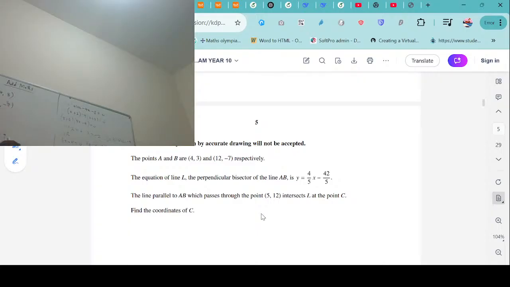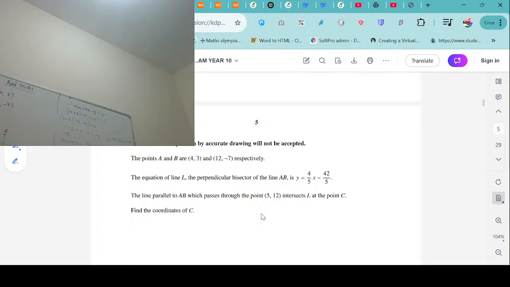Now B is at (12, -7), so 12 units to the right, and -7 below. So let's say somewhere here. Then you get your coordinates for B. So this is where B is located, and this is where A is located.